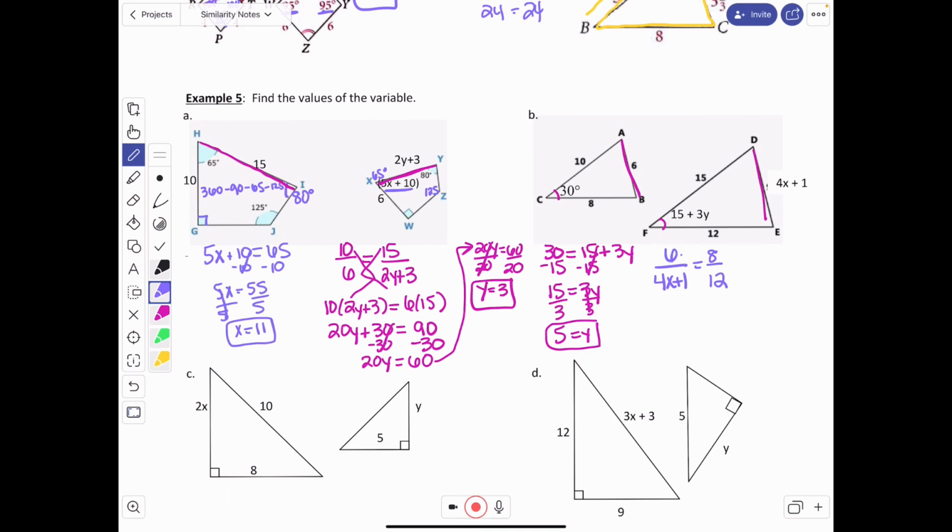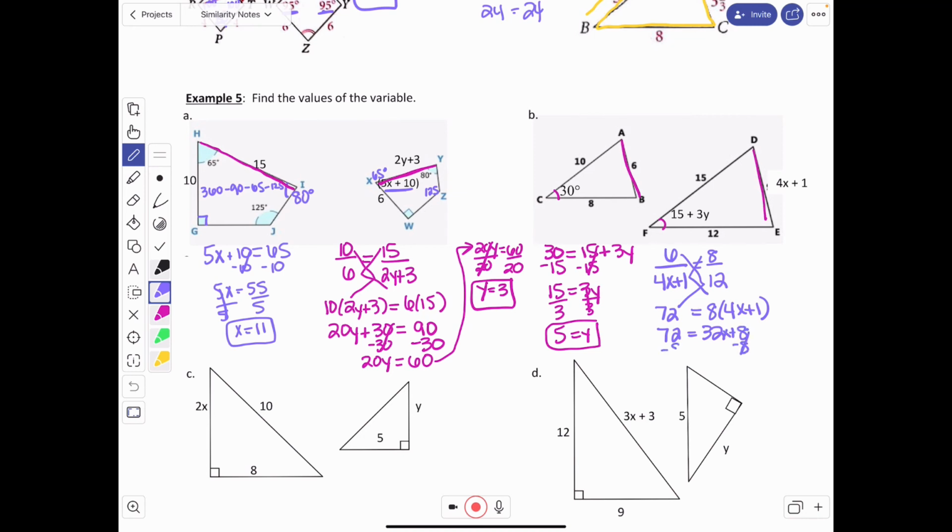Okay? So if we do the 6 and the 12, that's going to give us 72. And then we have 8 times 4x plus 1. So I need to distribute. I've got 72 over here. 8 times 4 is 32. And then there's my x plus 8.